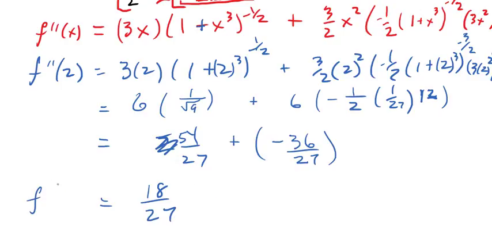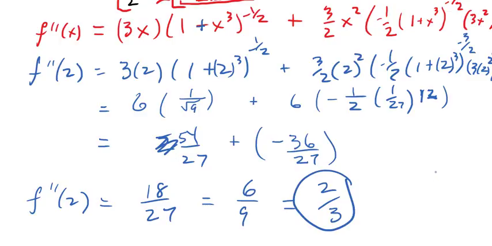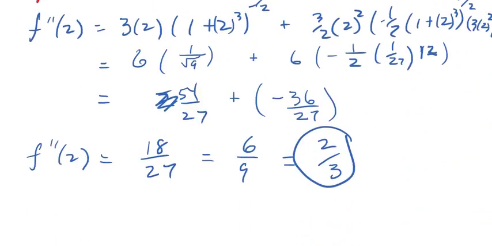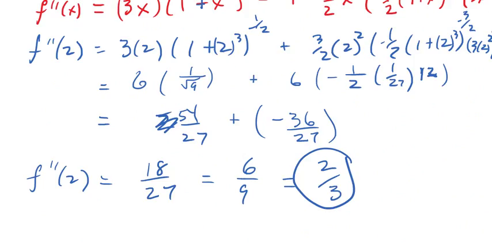Please say yes. Oh, I could simplify this, sorry. What's that, 6 over 9? What's that, 2 thirds? So 2 thirds? Wow. Tell me it is. What question are we doing? 2 thirds? Okay, good.